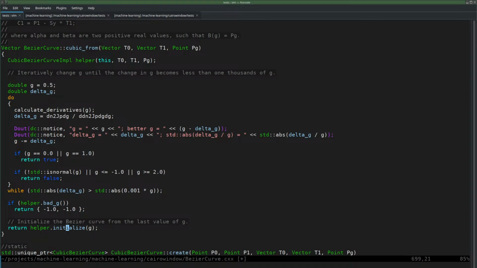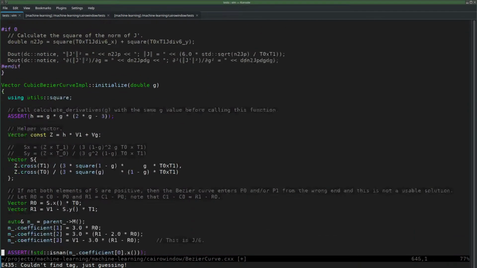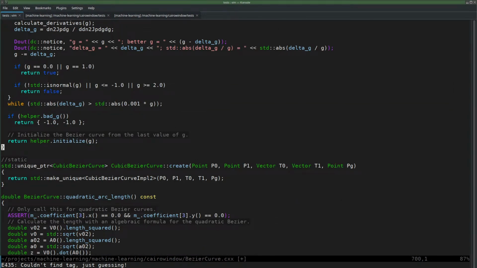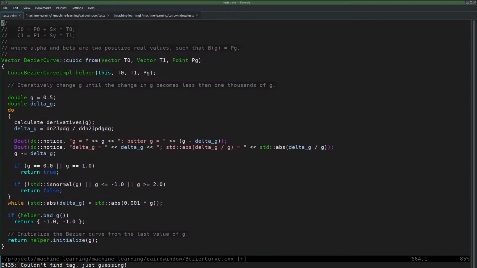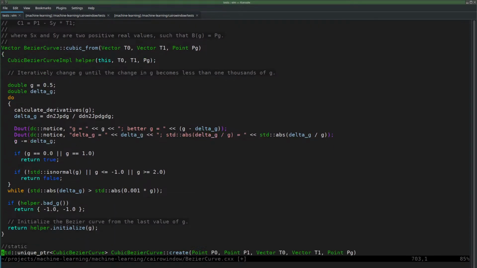And the initialize is, yep, that is returning this S here. So. But it looks like we also don't need delta G actually.